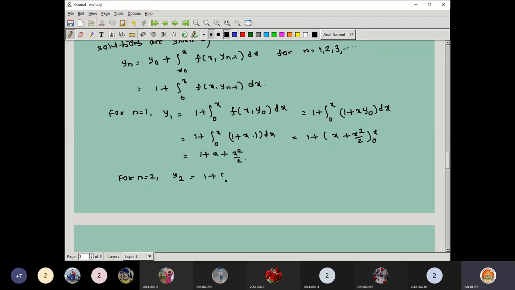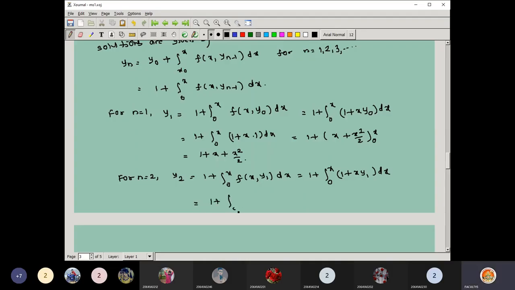Only in the last expression, integral 0 to x of f(x, y) with n equal to 2, it becomes y1 of dx. So y2 equals 1 plus integral 0 to x of f(x, y1) dx. Here f(x, y) is nothing but 1 plus x into y, now y1.